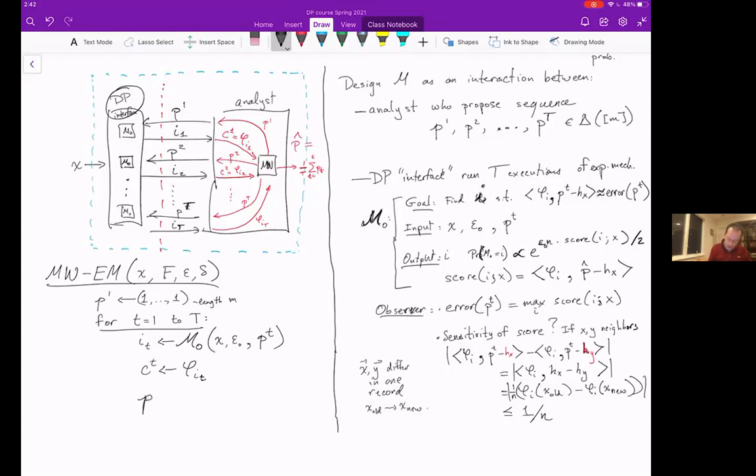And then we update P sub t using the multiplicative weights update. I'll just call that MW update, which updates with the cost and has some parameter eta. We're going to set eta just as we did in the multiplicative weights algorithm, to log of m over T, to get the regret bound we need.